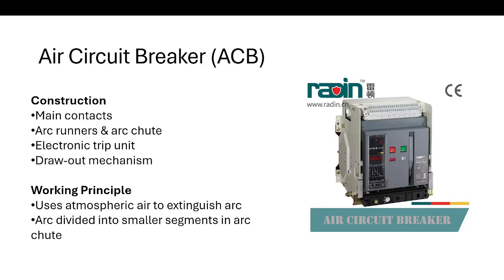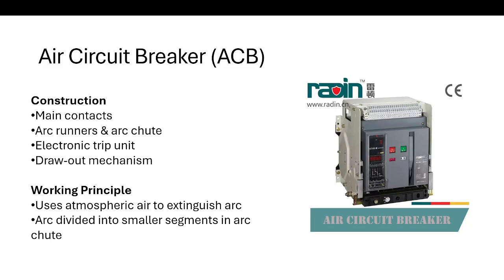Now the air circuit breaker. Its construction involves main contacts, arc runners and arc chutes, electronic trip unit, and draw-out mechanism. Working principle: it uses atmospheric air to extinguish the arc. The arc is divided into smaller segments in the arc chute.